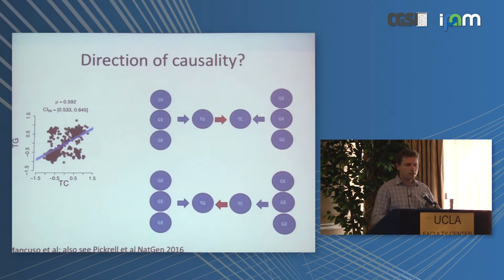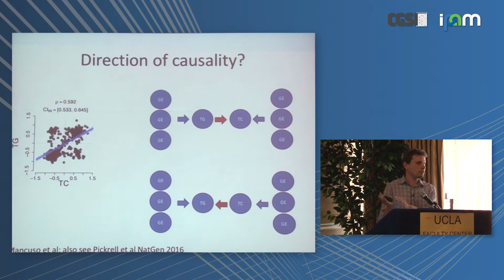There are a lot of details that I'm missing out here, but let's say that we're trying to distinguish between these two models, where you have a lot of genes that impact triglycerides, you have a lot of genes that impact the total cholesterol, but then you have a causality, either this way or that way. Let's say that we're trying to compare these two things. Well, obviously, if I just look at genes that impact this guy, and if that thing is true, then genes that impact this guy will have the same effect on TC, right?